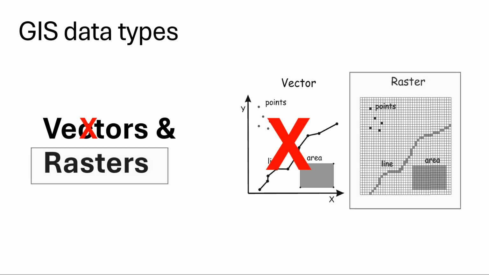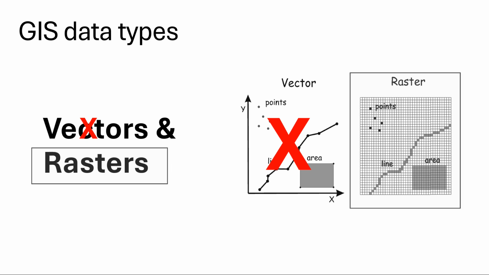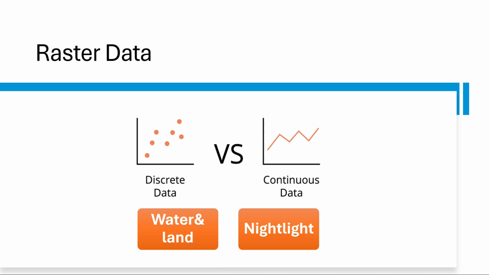While we spoke about vectors, we can now move to rasters. Rasters are basically a grid along coordinates, which can contain two kinds of data: discrete data and continuous data. Raster data can be discrete, such as is it water or land, 0 or 1. Continuous raster data can be nightlight intensity, for example, starting from 0 up until 60. 60 represents very lit up areas, while 0 represents very dark areas.